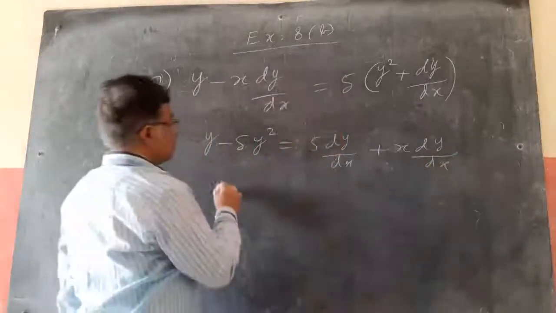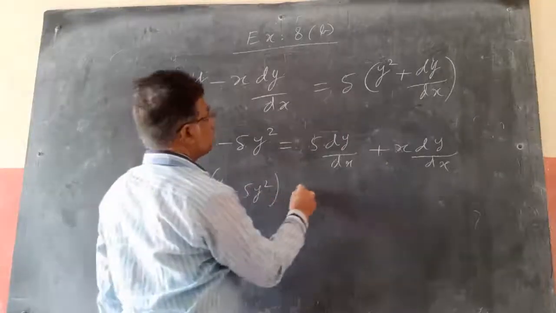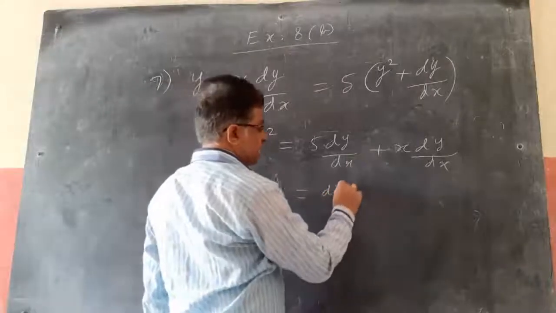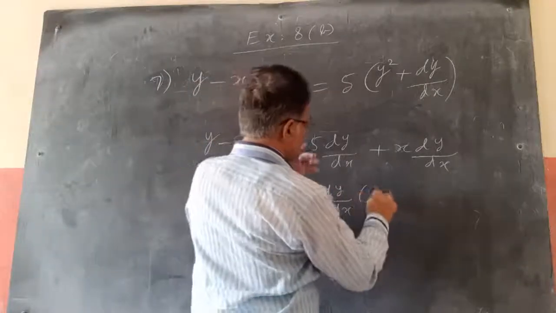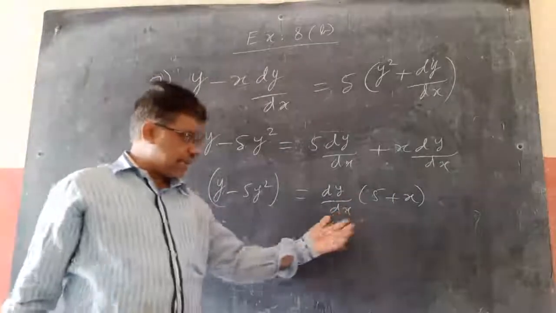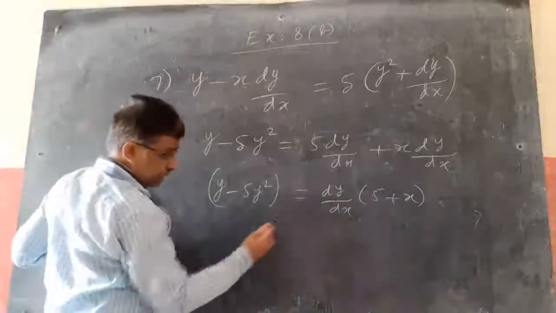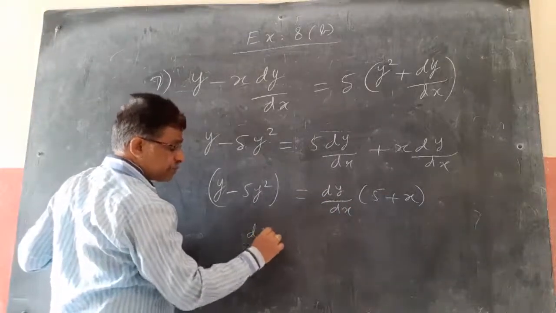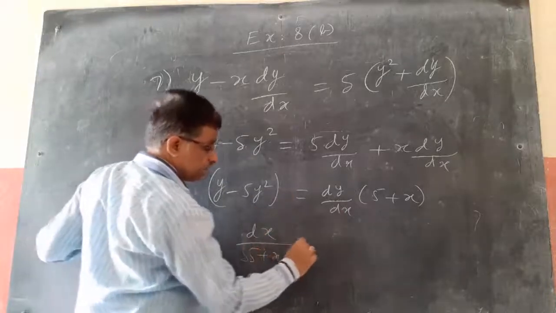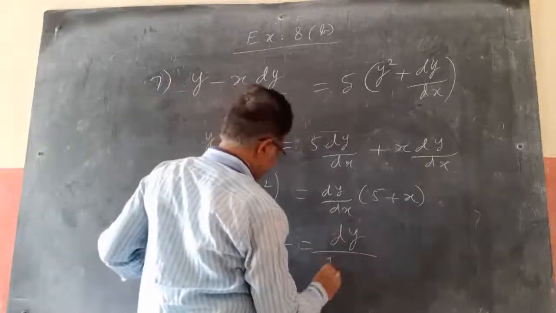Now if I take dy by dx common, this becomes 5 plus x. Now this 5 plus x and dx to this side, and y minus 5y square to the other side, becomes dx by 5 plus x equal to dy divided by y minus 5y square.